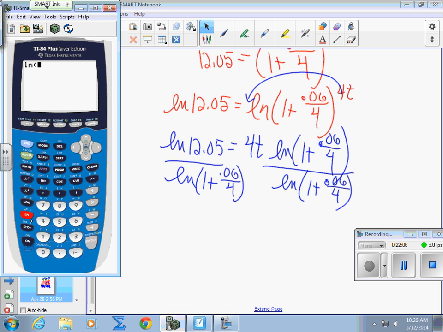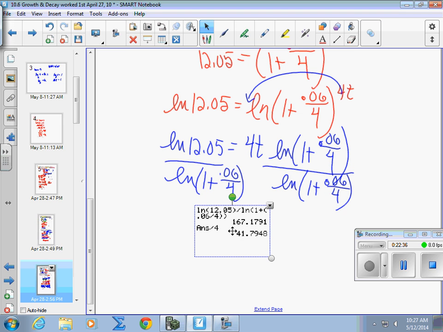I have LN of 12.05 divided by LN of 1 plus decimal 0.06 divided by 4, both sets of parentheses. And I get 167.1791, but what do I have to divide it by? 4. If I divide that by 4, I get 41.7948 years.